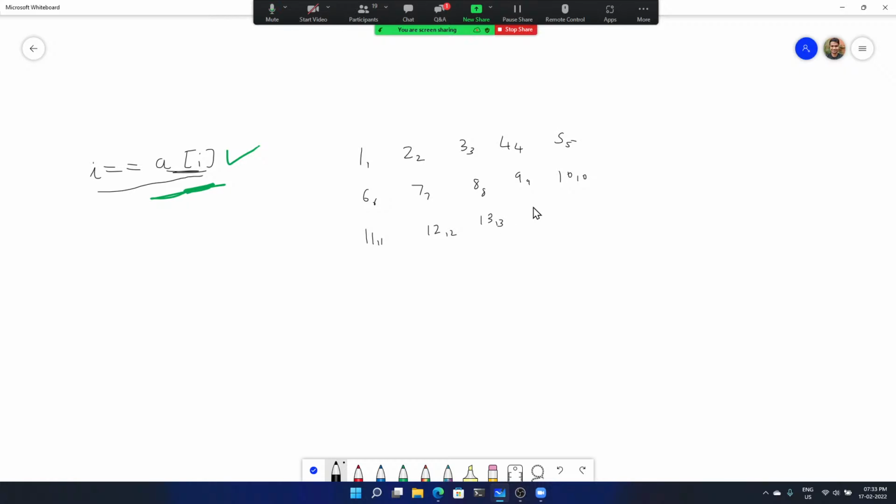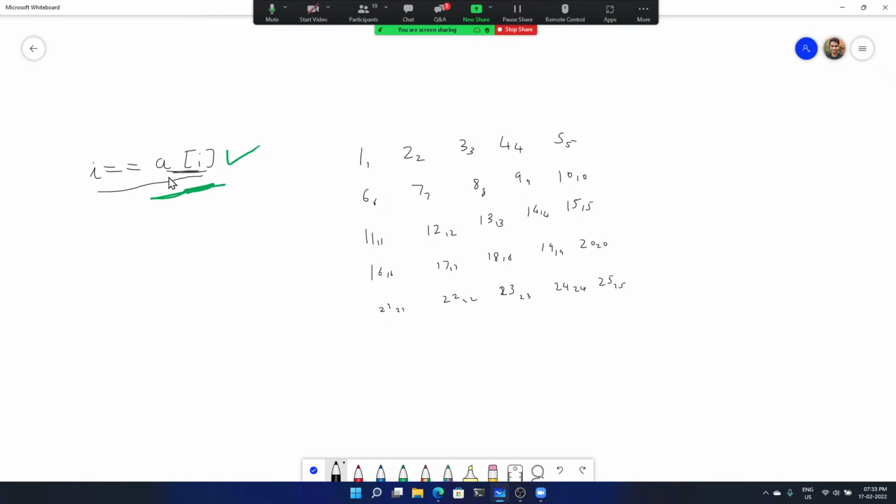Imagine that is the index. Now imagine that each index has that number itself, so a of i is equal to i.